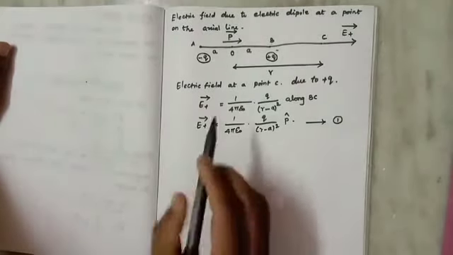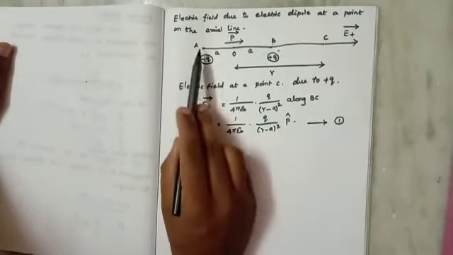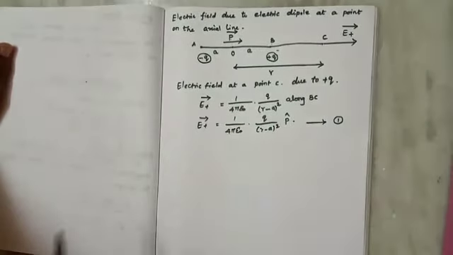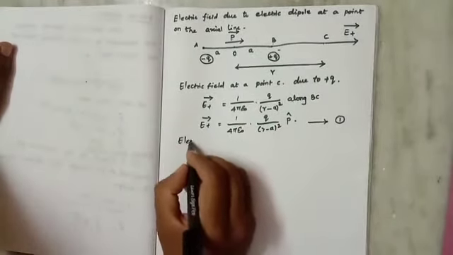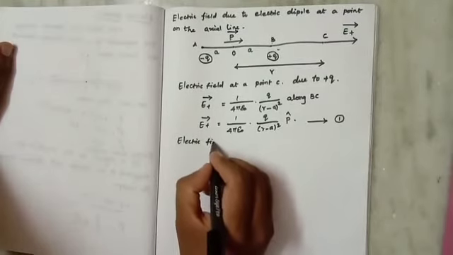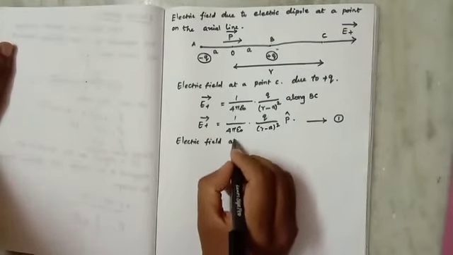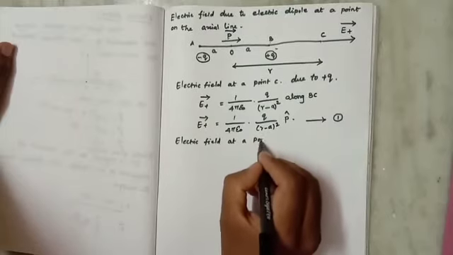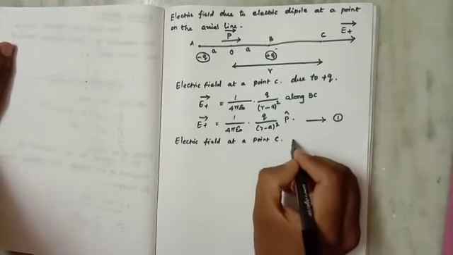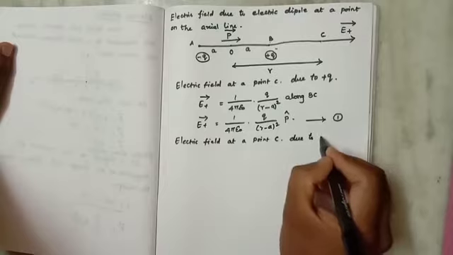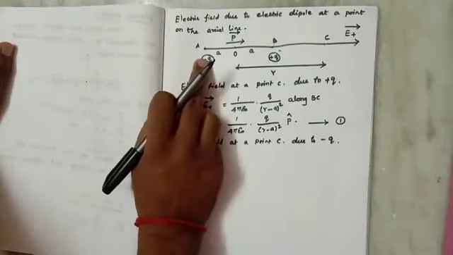Next we are going to calculate the electric field experienced at a point C due to the negative charge. Electric field at a point C due to minus q, the negative charge.